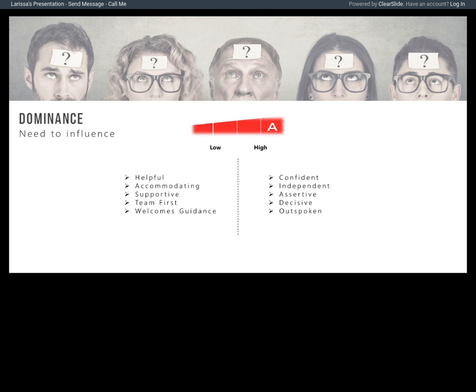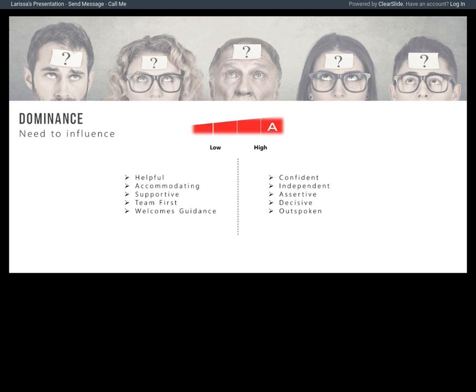And just understanding that it's, again, on that continuum. The closer to the middle you are, it could be, yeah, pretty confident, but I can also kind of sit back and let someone else drive. Or if I'm all the way over to the right, I'm driving this ship. Get on board, right? Pretty assertive there. Lower side, again, towards the middle, I'm helpful.